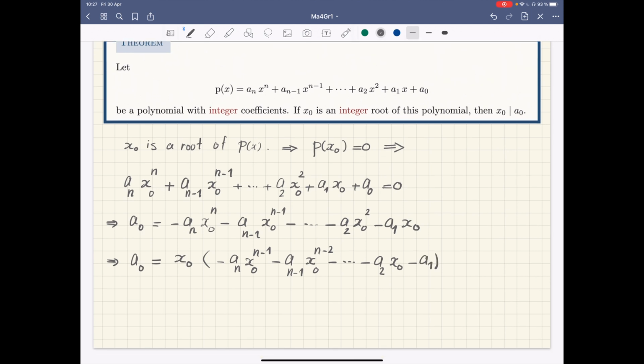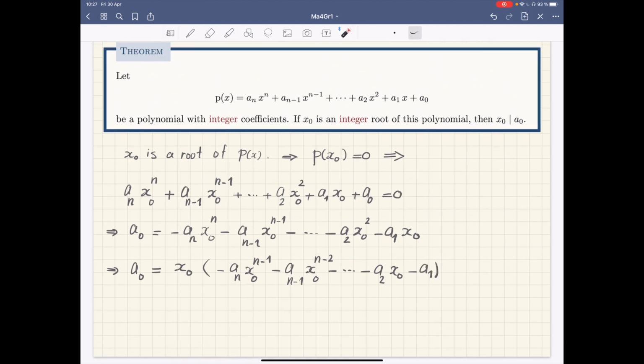Now my question for you, don't let this distract you, but can you tell me what type of number is this number? It's an integer, yes. Why? Because from the beginning, I told you that the coefficients are integer, and now we know that X node is also an integer.